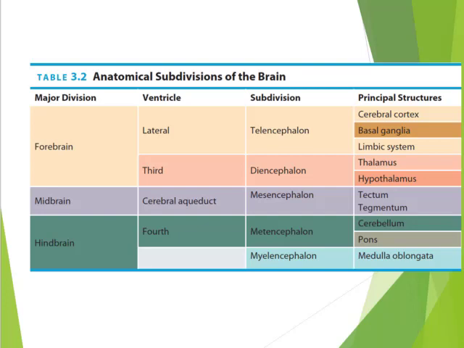What I want you to know is that these groupings exist because they make sense developmentally, and they link human brain anatomy and function with that of lower organisms, which, as you know, often function as models for human brain and behavior.